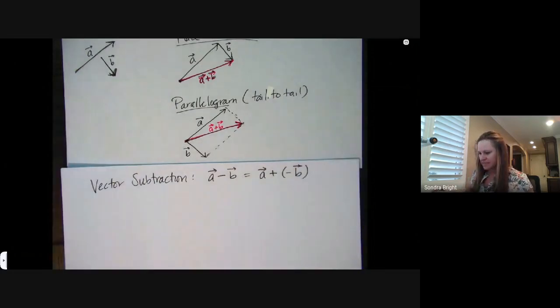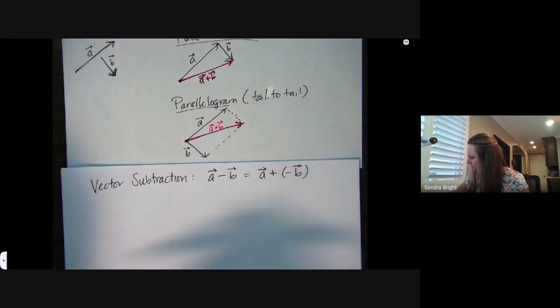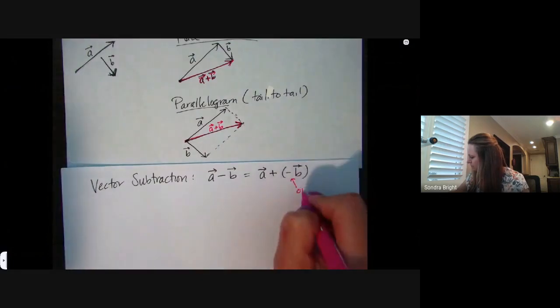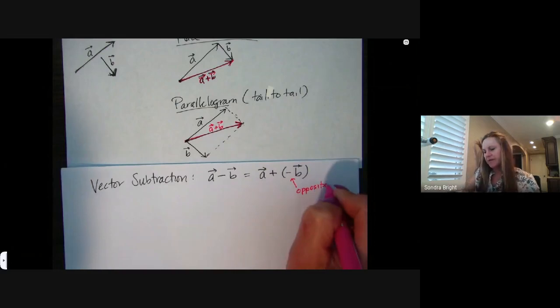And what does negative vector B mean? It means it has the same length, it's just in the opposite direction. It just means flip your arrow to the other side.